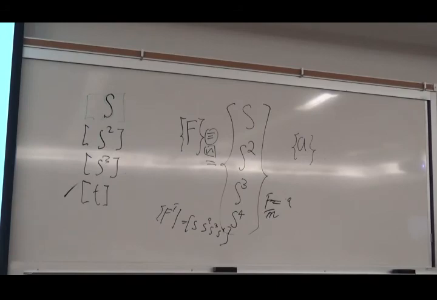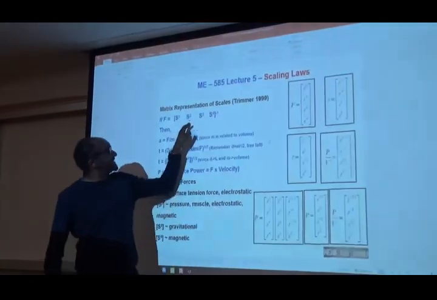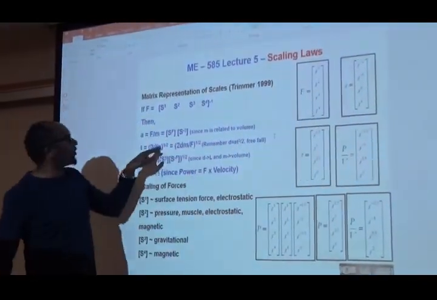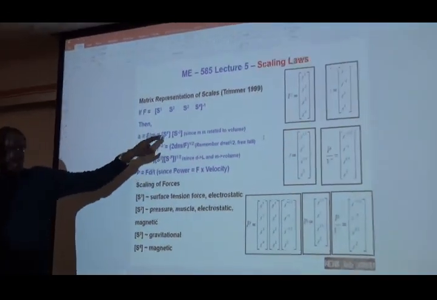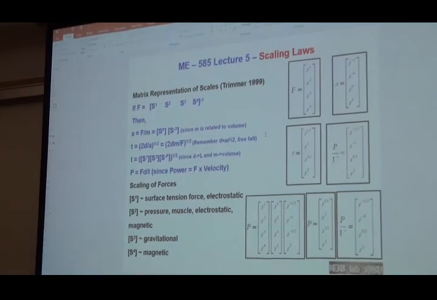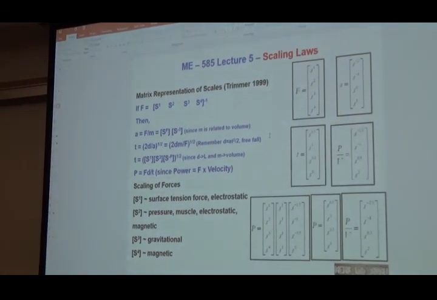So, you could assume, and then you could look at it here, so A is equal to F over M. Now, F is represented by this vector, S1, S2, S3, S4, that's why I'm putting F, generic, divided by mass, which scales with S cubed, okay?